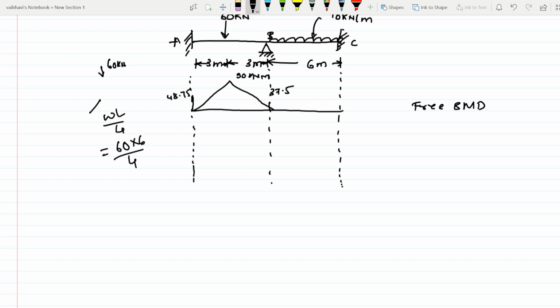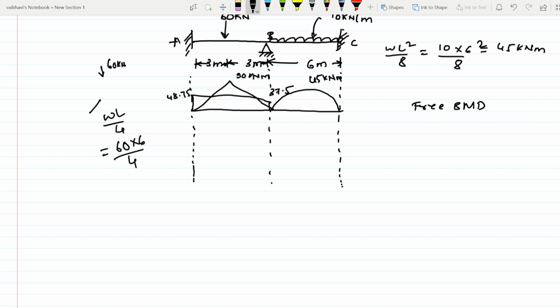Now, here due to UDL, WL square by 8. Okay, WL square by 8. 10 into 6 square by 8. So it is 45 kilonewton meter. Like this, it is parabolic, we all know, 45 kilonewton meter.